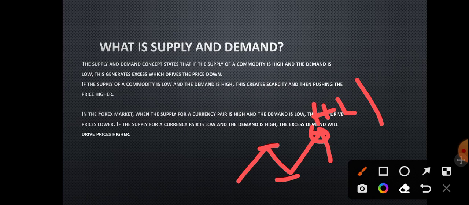But when price gets to this zone, demand becomes stronger than supply, which introduces more buyers in the market. That's what pushes price up. So, supply and demand is what actually causes the higher low, higher high, and those stuff you already know. It's what creates structure in the market.